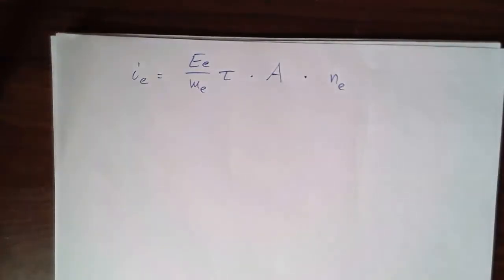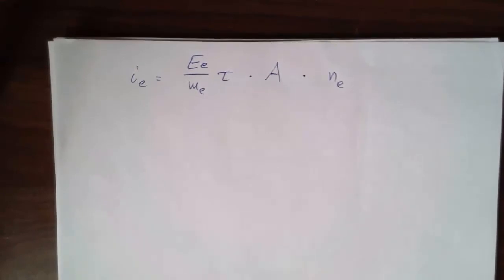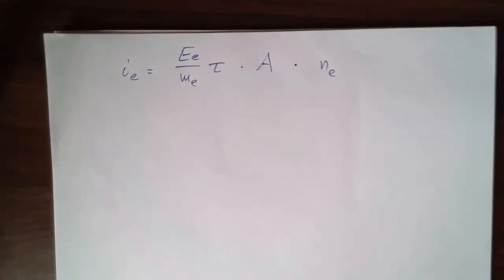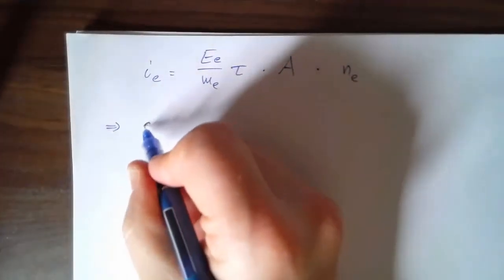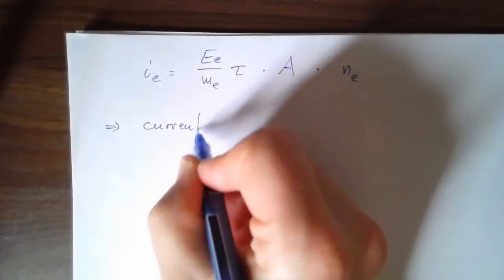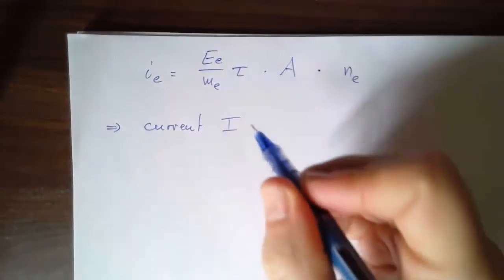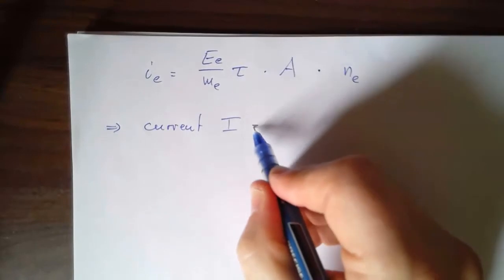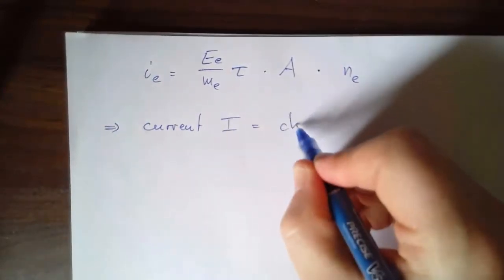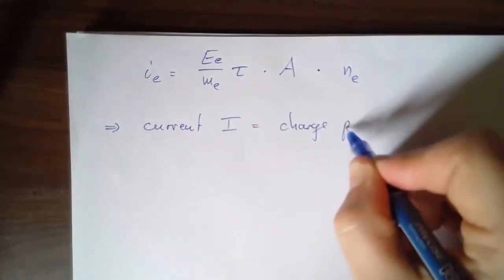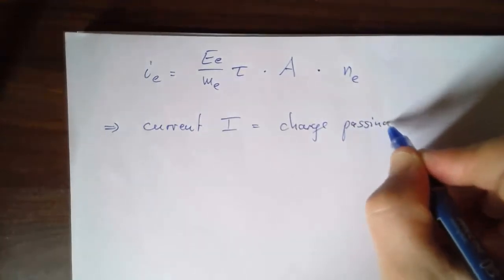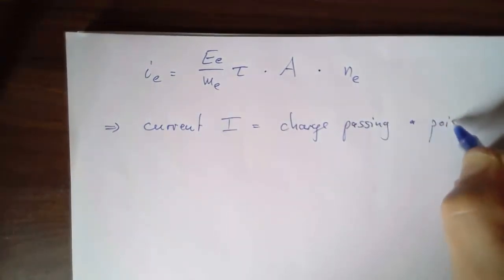So now imagine I don't want to count electrons, I want to count charge flowing past me. Well, the charge passing a point per second is the current. Current I is, what do we mean by that? The charge passing a point per second.